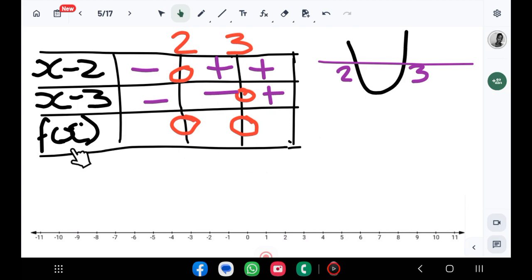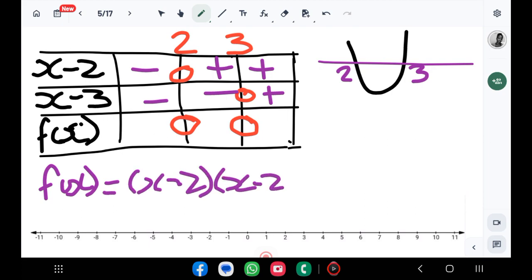All right, now how do you figure out what the sign of f of x is going to be? Remember, f of x was just the product of the two, x minus 2 times x minus 3. So with the signs, you follow the same pattern.